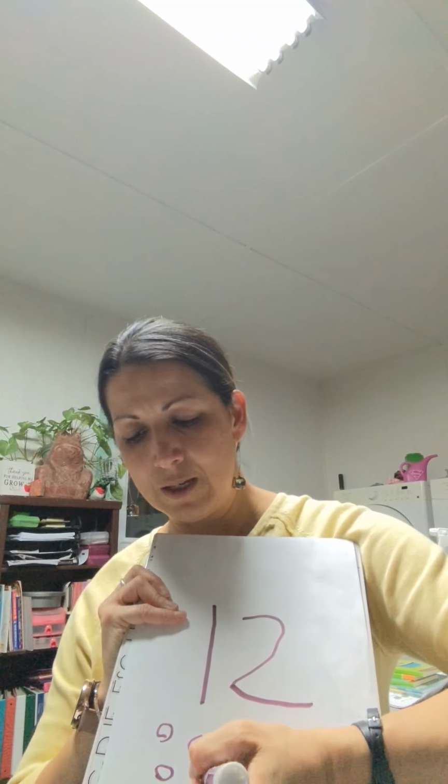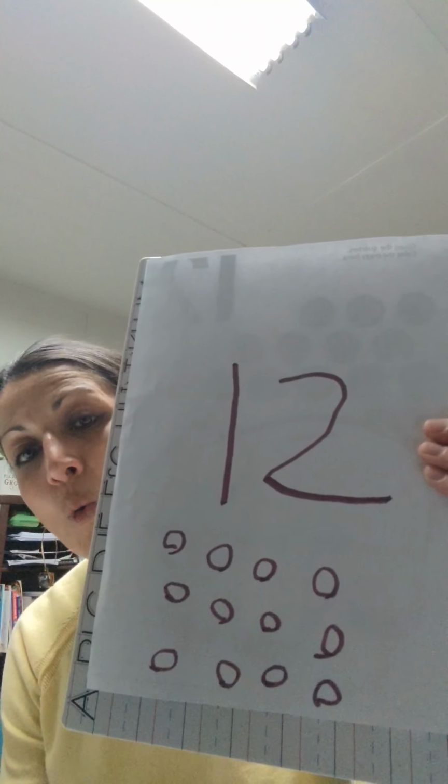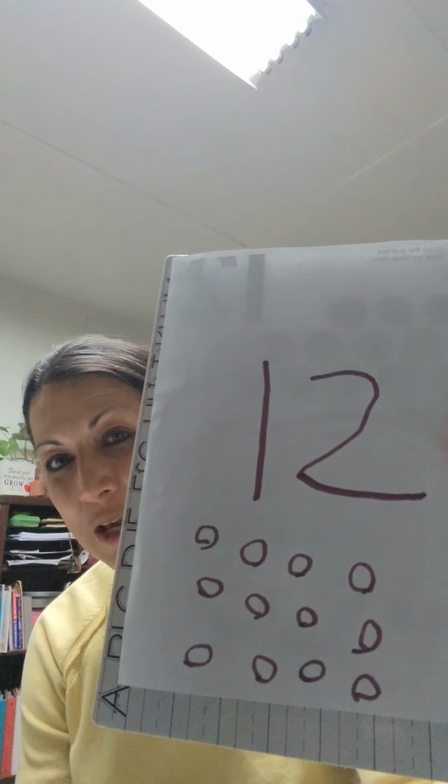And then you can draw your 12 things like what we had been practicing in class. 1, 2, 3, 4, 5, 6, 7, 8, 9, 10, 11, 12. So that'll be what you'll have on the back of your paper is the number 12 with 12 circles underneath it. So you can practice writing your 12 and counting your 12 things.